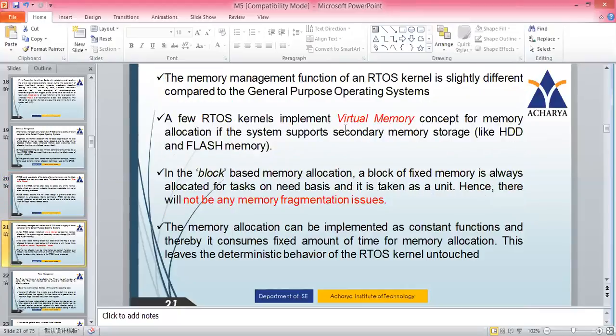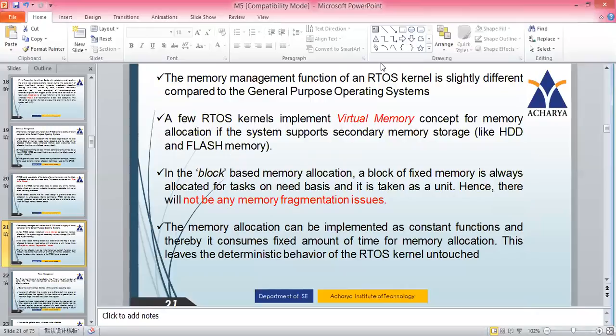Now the memory management function of an RTOS kernel is different from a general purpose operating system. A few RTOS kernels implement the virtual memory concept for memory allocation. This virtual memory concept, I briefly told in the last semester, and even in one class I had discussed it.